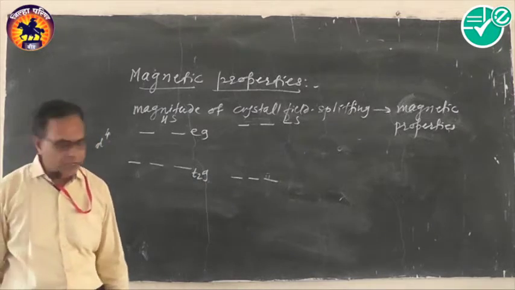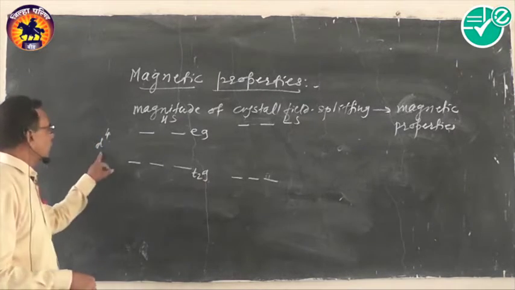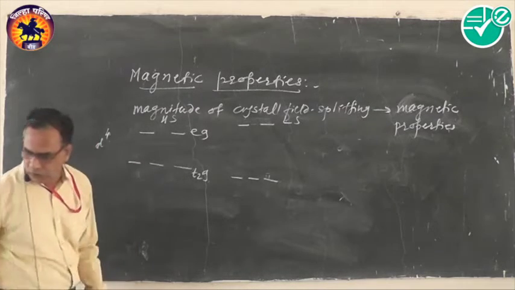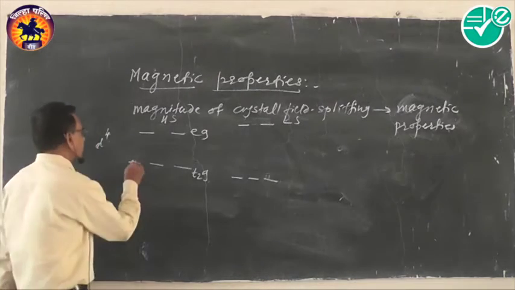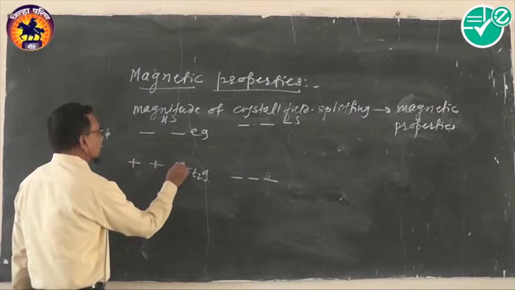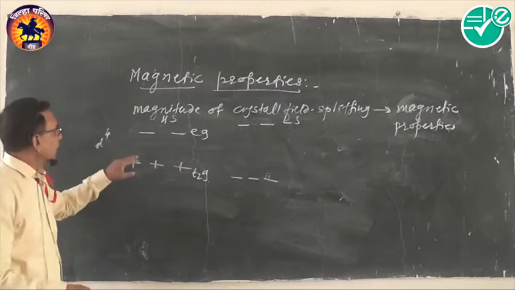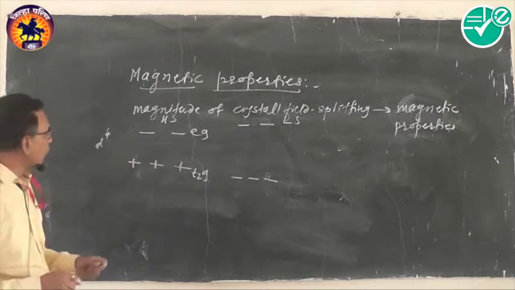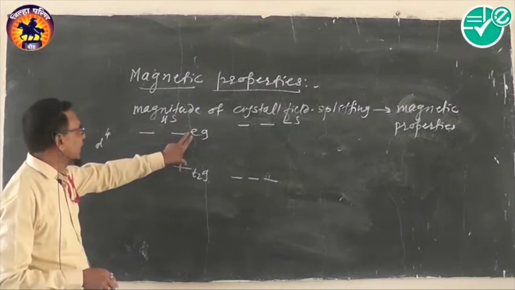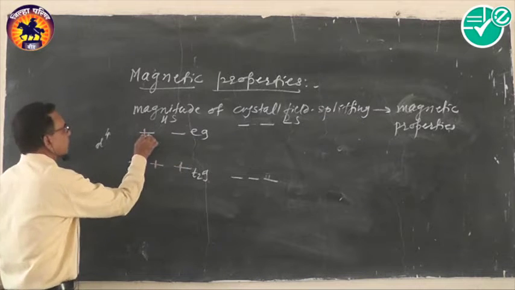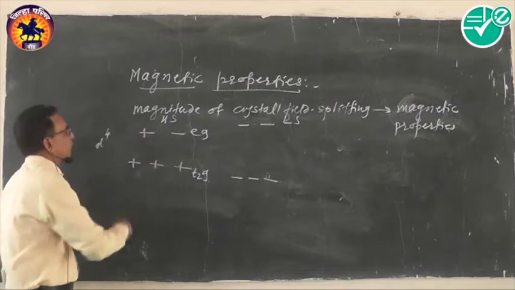So in case of octahedral complexes, in case of d4, the first 3 electrons enter into the t2g set of orbitals. But the fourth electron, in case of high spin complexes, since the splitting is less, enters into the eg set of orbitals.